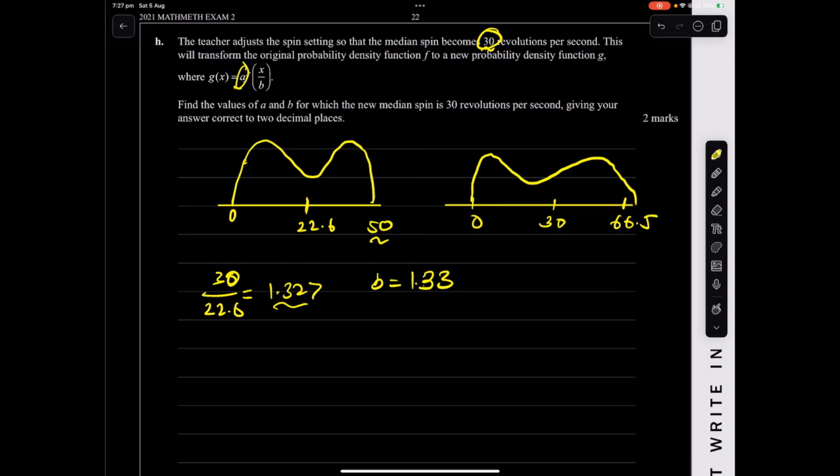Because we're trying to compensate. So wouldn't your A value equal 1 over B? Because remember that B is transforming it, making the X values bigger, which we can see. But to make sure that the A value compensates, it's just 1 over B.